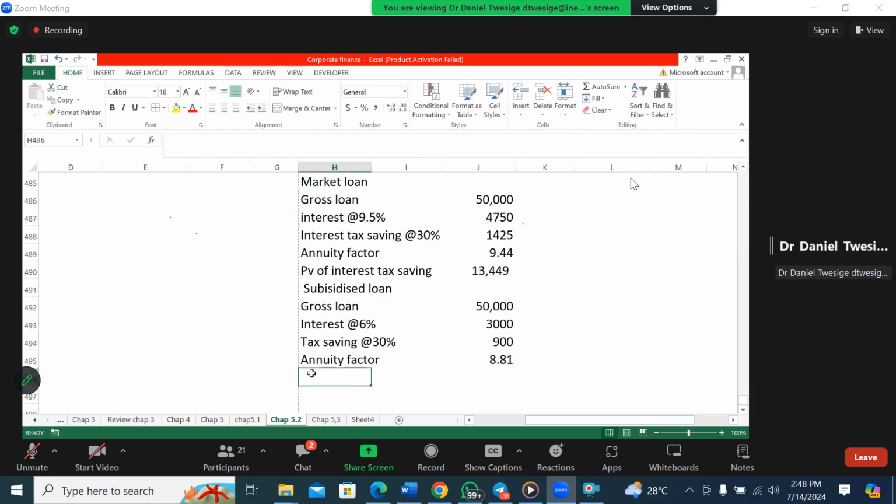So what's the PV? You are getting this times this. Oh, we are rounding off too much, and they told us 2 decimal points. So at this point, you have used 20 years or 25 for the annuity factor.